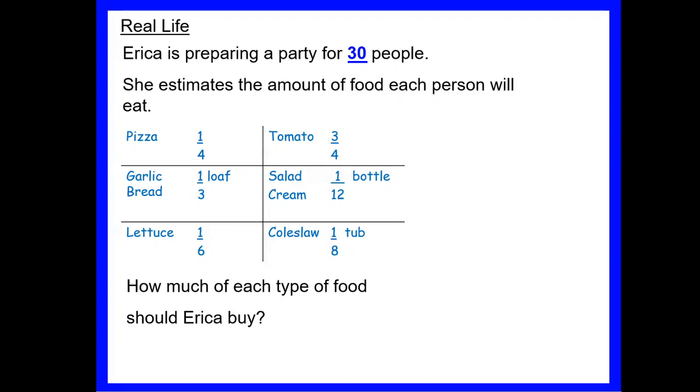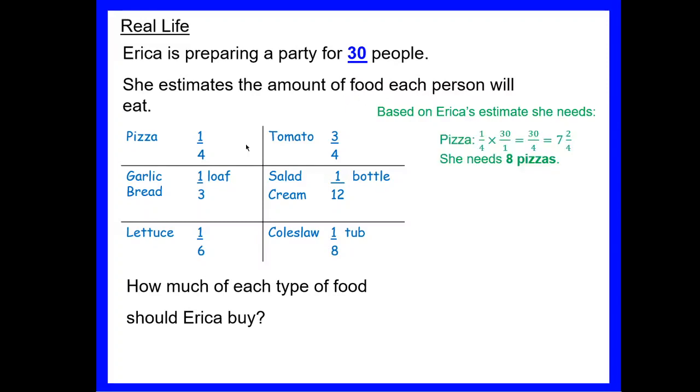Okay then, so we want to know how much she needs for 30 people. Okay, so her estimates then, we're starting with the pizza. So each person needs 1/4. Okay, so we need 1/4 of our 30 people. So we're going to do 1/4 times our 30 over 1 to make it into 2 fractions.